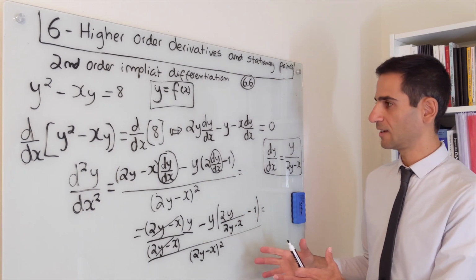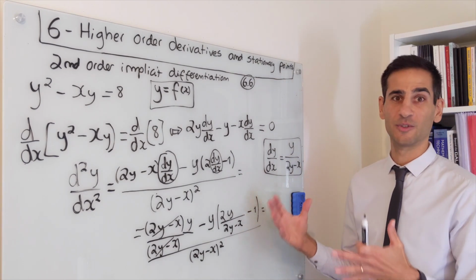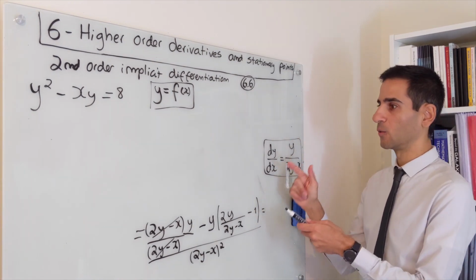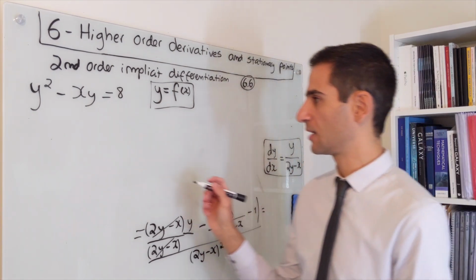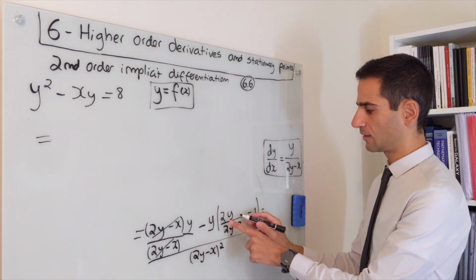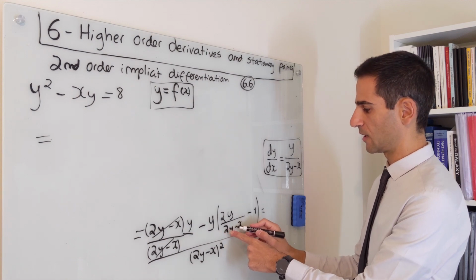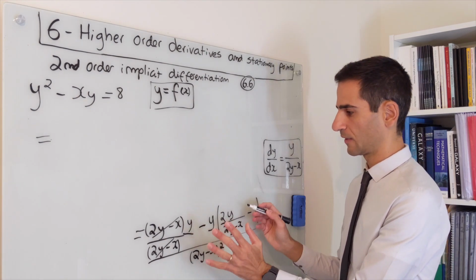When we get to this stage, this is when the board starts to be a problem, so we need to clear it. We now have space, and what we can try to do is get everything on the top to the same denominator, in this case 2y minus x. Let's try to do it.